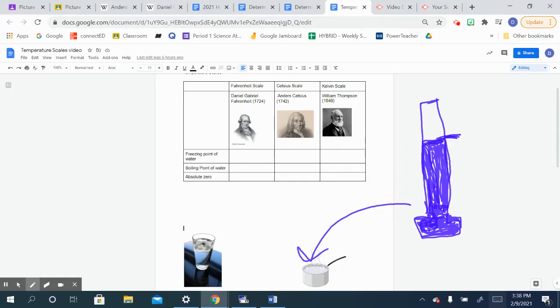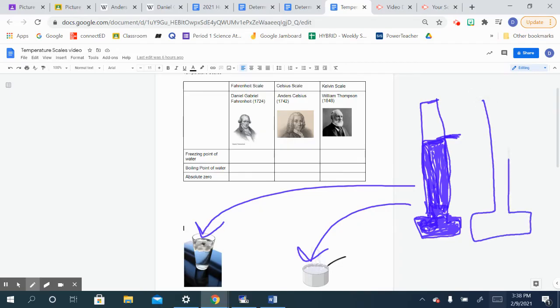Then he would take the same thermometer and place it into colder water. And of course, when that happened, the mercury shrank as the heat left the mercury and went into the colder water.